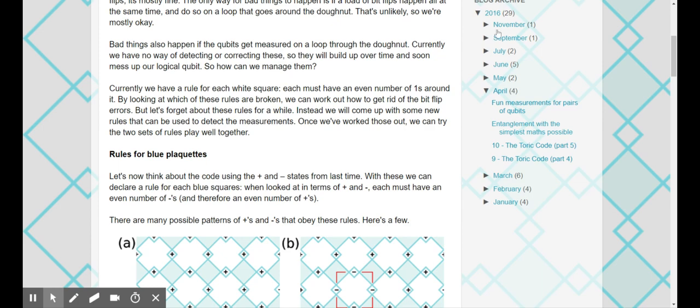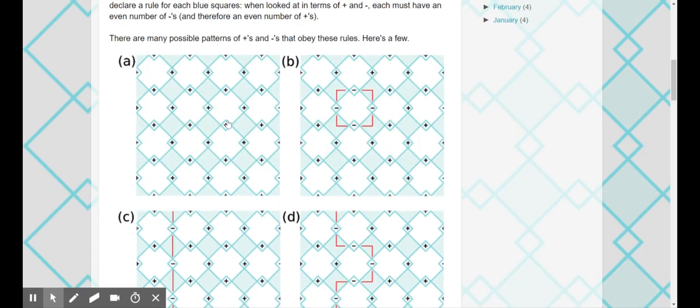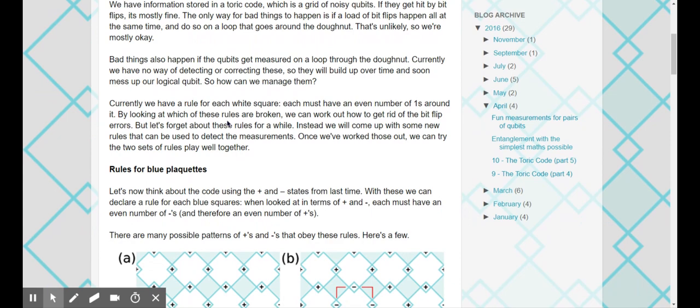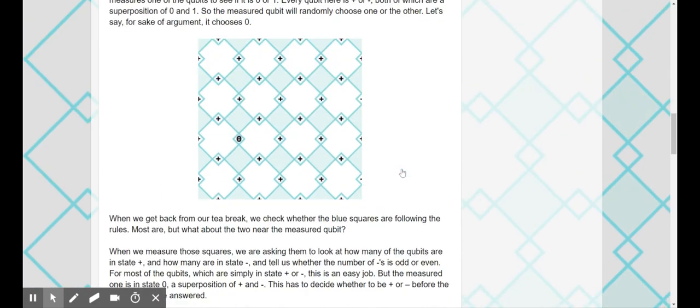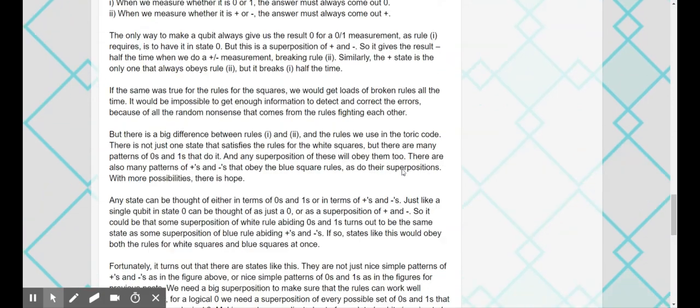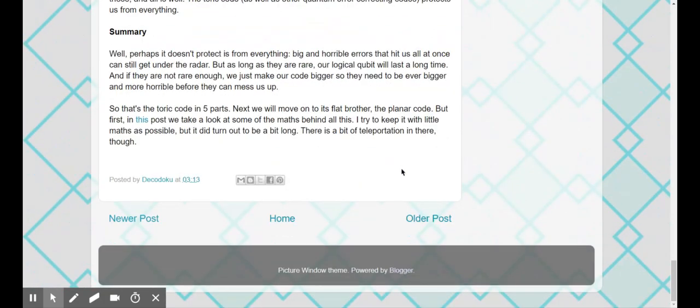Let's see. But this is from 2016 though. Maybe I should find some more recent. I don't know how much more has happened in 3 years since the research for this. But so what is the next one? I just want to know what is the next one.